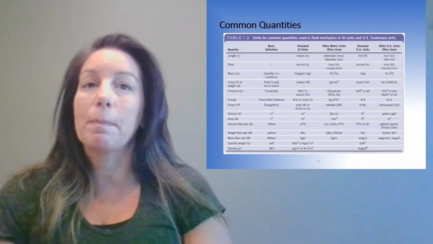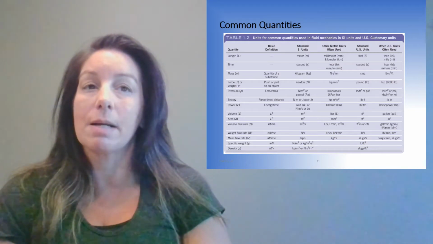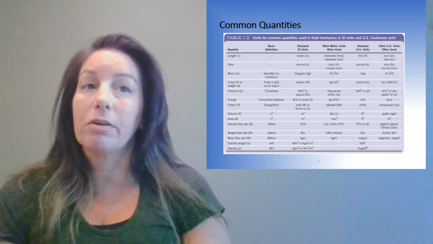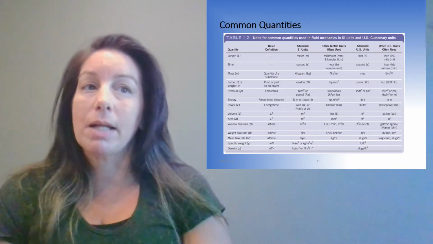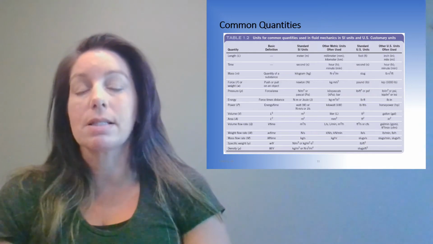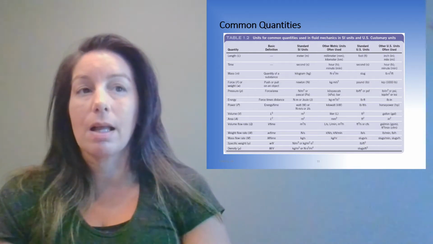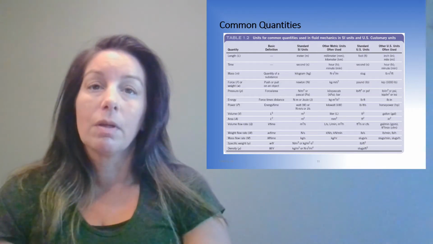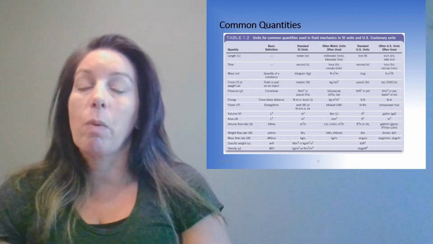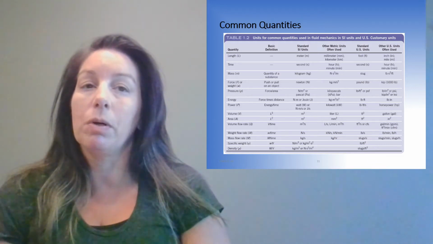We've got mass, which is the quantity of a substance: kilograms in metric, and a slug in imperial. There's force or weight, the push or pull on an object.